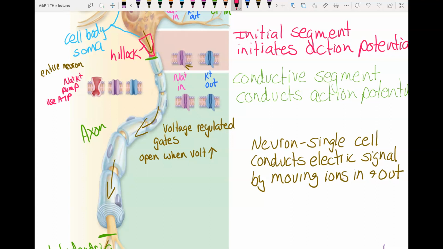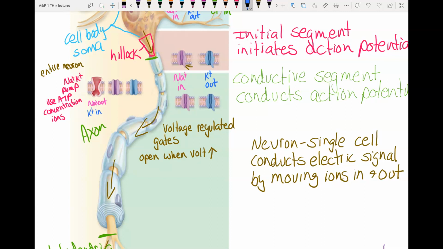So they're going to go against the concentration gradient. They're going to concentrate the ions. So this pump moves both sodium and potassium. It pumps sodium out, and it pumps potassium in.